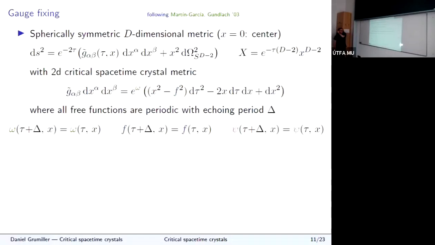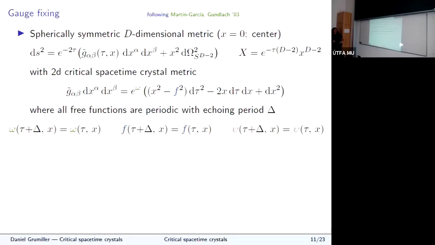Okay, so I'll show you in detail the gauge fixing, because later I'm going to show you some plots and exact results for these functions. This is the spherically symmetric metric in d dimensions. g̃_αβ is the two-dimensional critical spacetime metric that is periodic with period Δ. It turns out to be convenient to use a gauge where we have some overall conformal factor. We'll call this function omega.